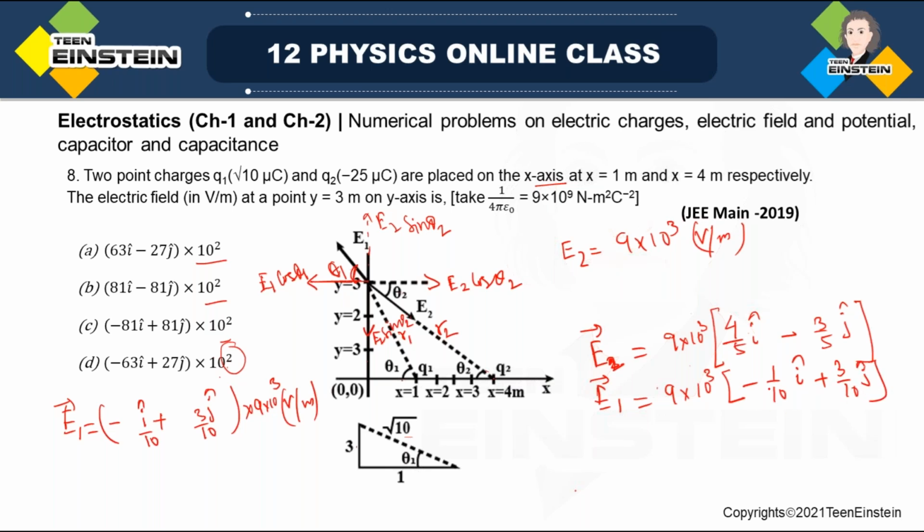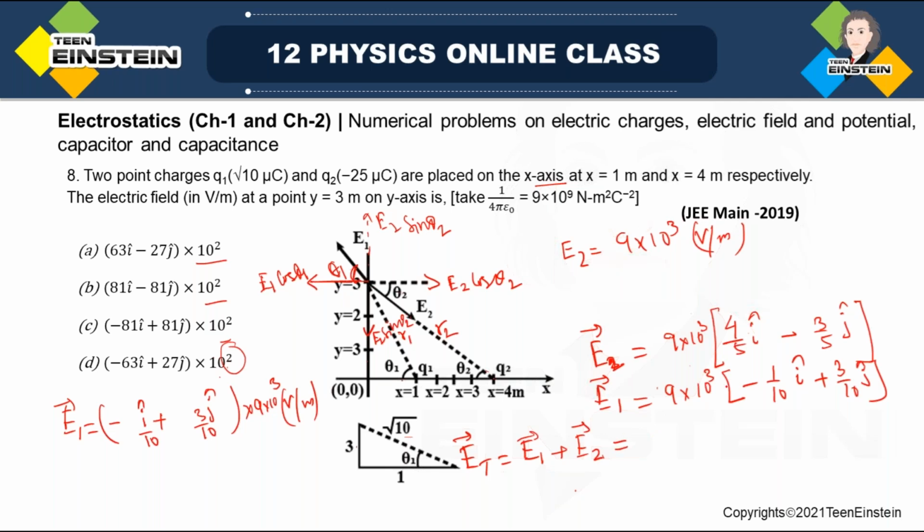So actually this 10 we had just forgotten, we just missed this 10, so that's why there was the problem. So now you have to do vector addition to get the total or resultant electric field at this point.